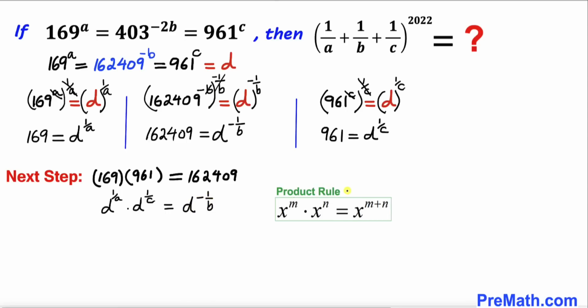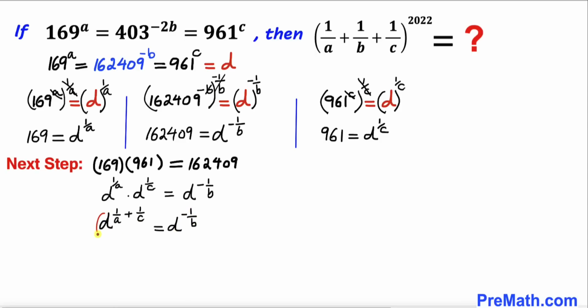Now let's recall the product rule of exponents. The left hand side can be written as d power 1 over a plus 1 over c, equals, on the right hand side, d power negative 1 over b. Our bases on both sides are the same, which is d, so we can equate our exponents as well.